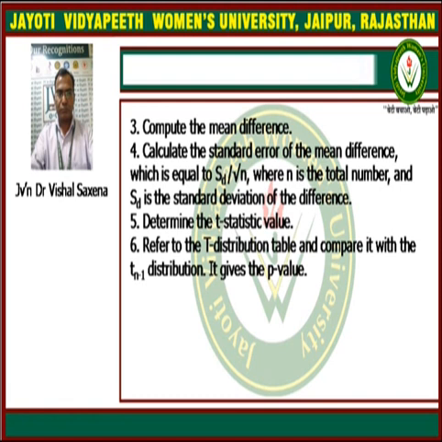In the last step, the t distribution table is used to compare the t statistic value obtained here with the t n minus 1 distribution, and it gives the p value. In this way the paired t-test can be applied.